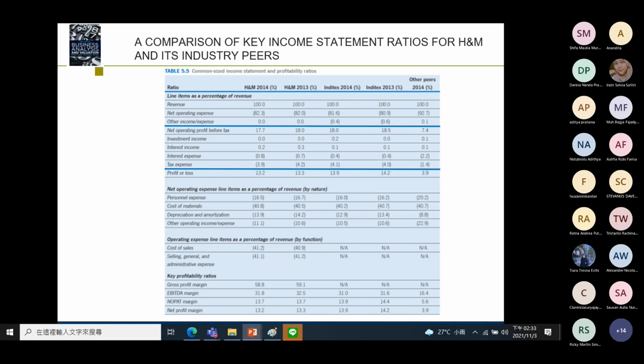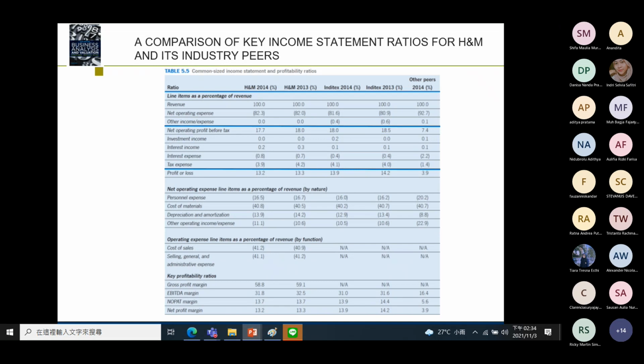This difference between the two retailers is somewhat surprising, given that HMM purchases only finished products, whereas Intertex purchases both the finished products and the raw materials, which are used in the production.